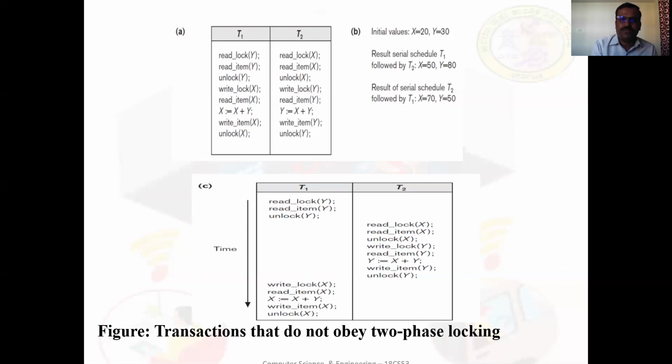Read item X, 20. Here, reading item Y, 30. Y is 30, X is 20. X is equal to X plus Y.